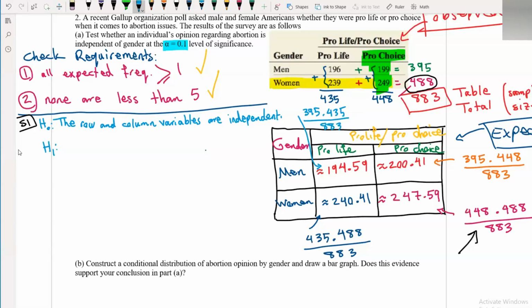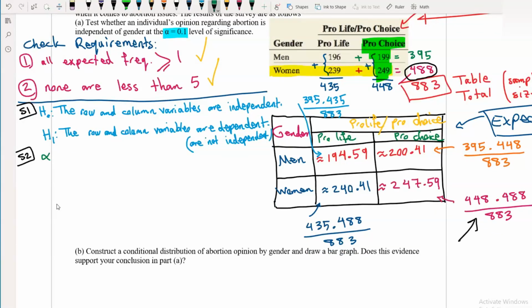And here for alternative, are dependent or are not independent. Alpha is given as 10%.